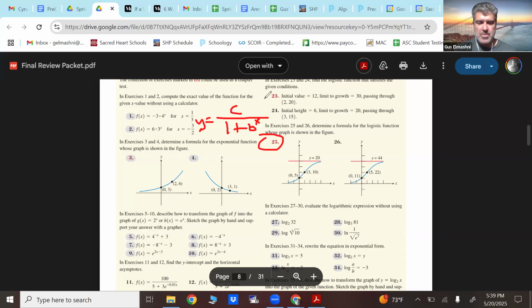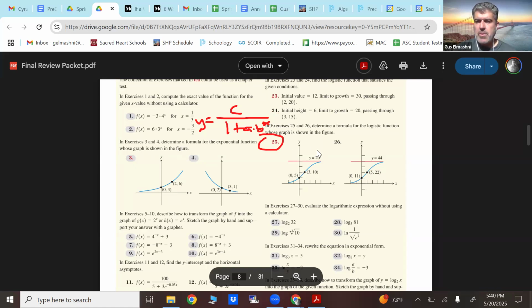I think it's more proper to write it like this: y equals c over 1 plus a times b to the x power.